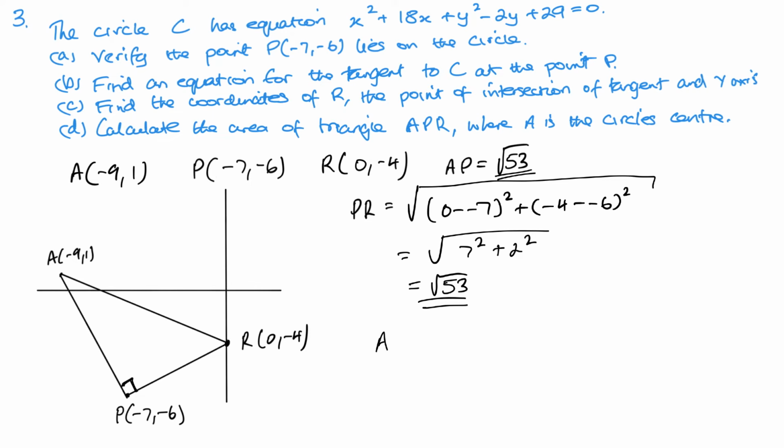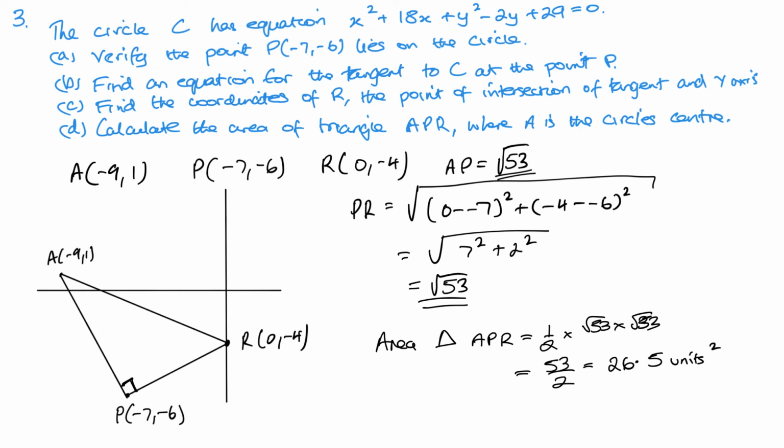So area of triangle APR is going to be a half times base times height, or 53 over 2, 26.5 units squared. Okay, just a bit of a coincidence here. It's not always going to be the same value.